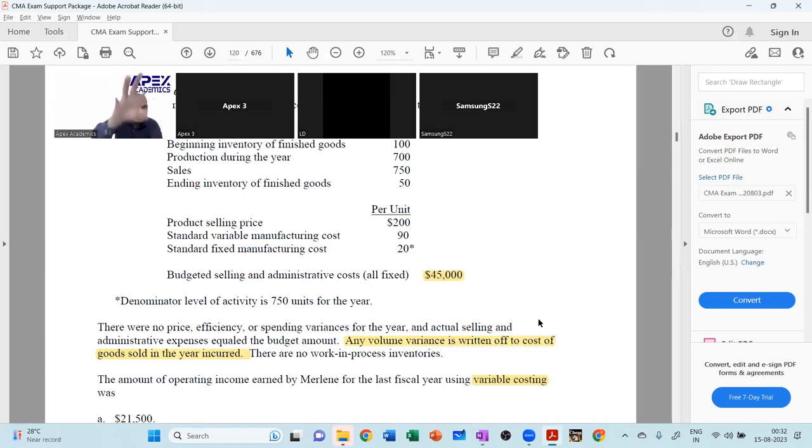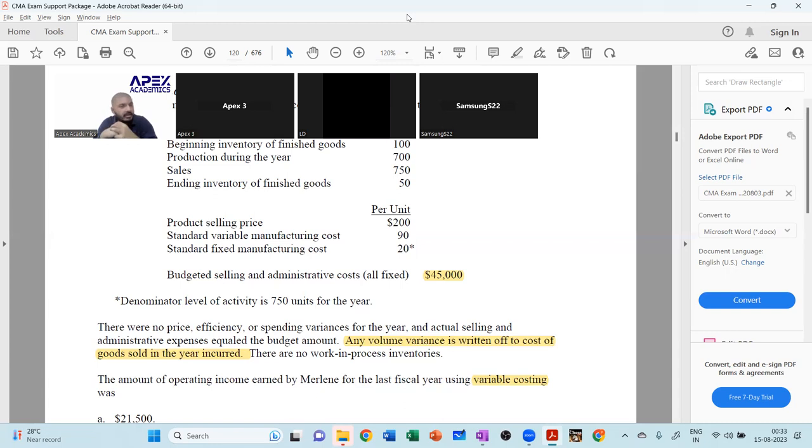So even if there is a fixed cost variance, it will not impact the COGS under variable costing, because variable costing does not consider fixed costs as a part of cost of production. Hammer this in your head.